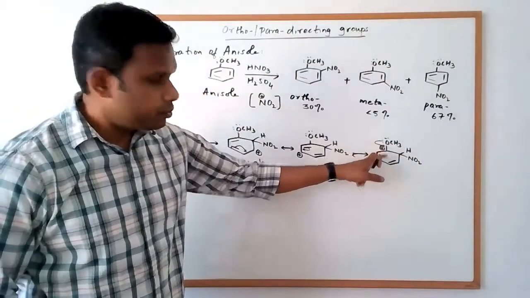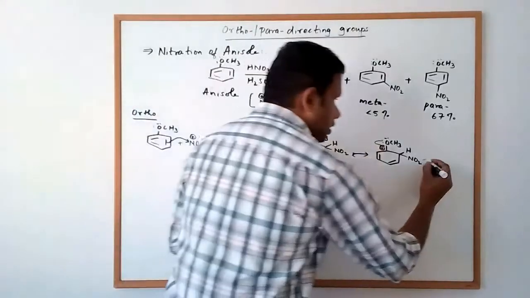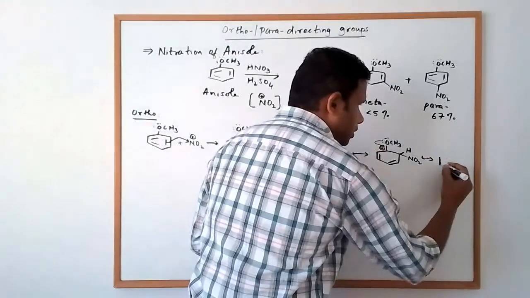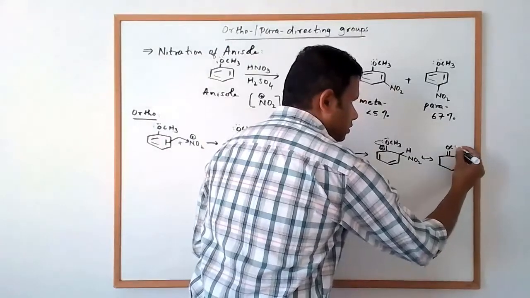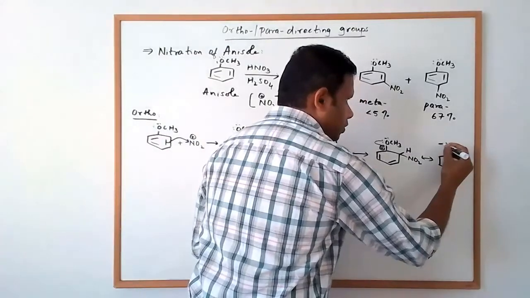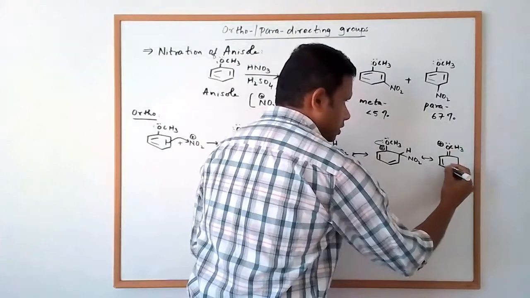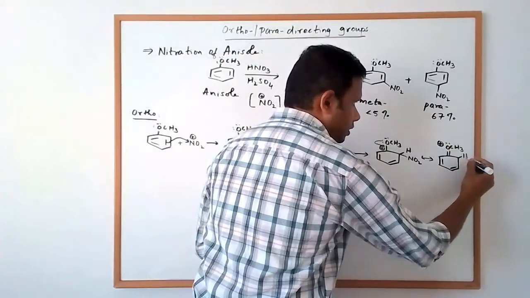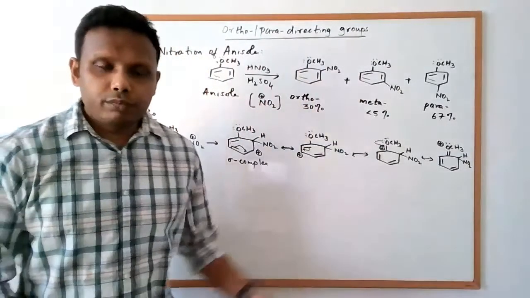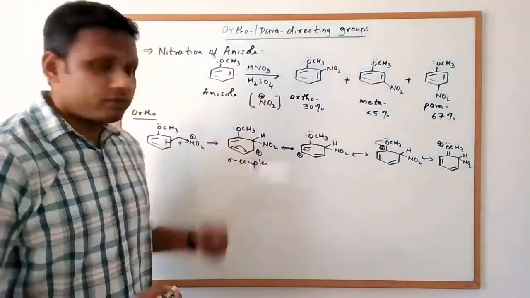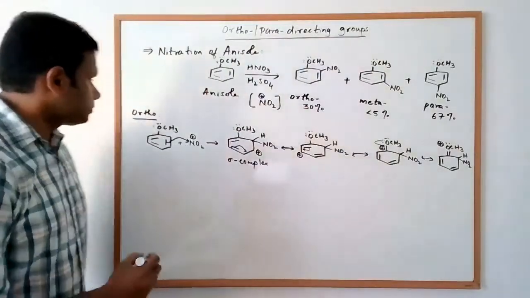Because we have a lone pair next to this carbocation, we can actually use that lone pair in doing resonance. So we're going to get OCH3, one lone pair, formal charge, double bond, H, and NO2. So those would be all the resonance forms for an ortho attack.